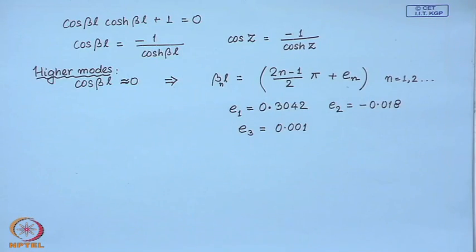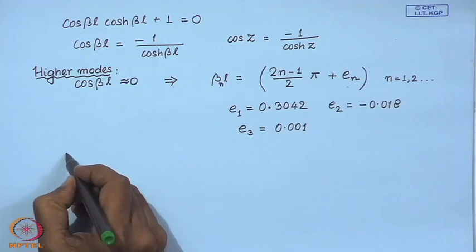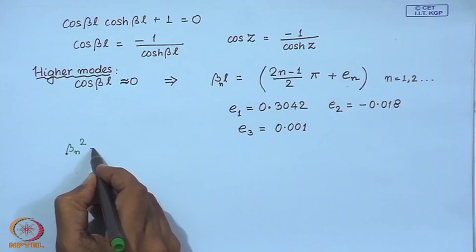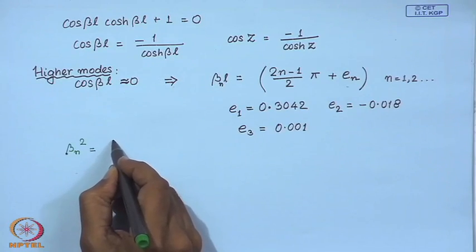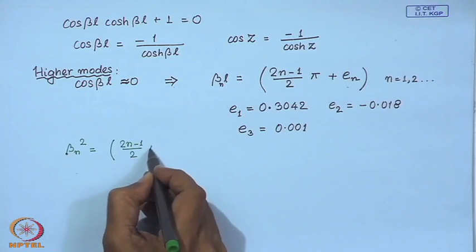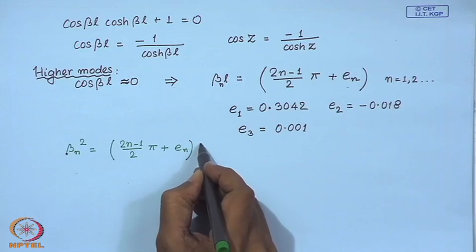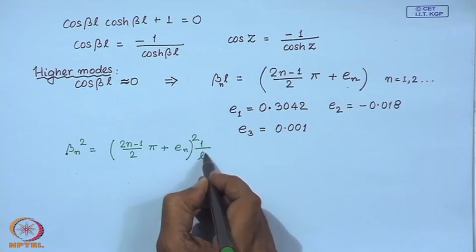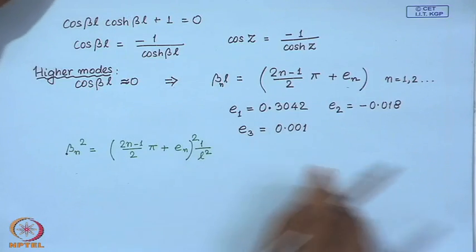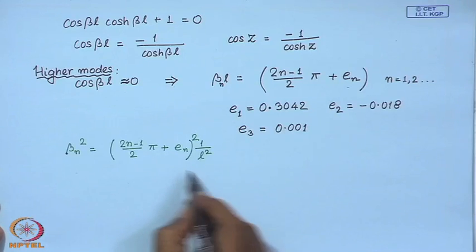Now, beta n square is therefore, and as you know, we have looked at this beta.